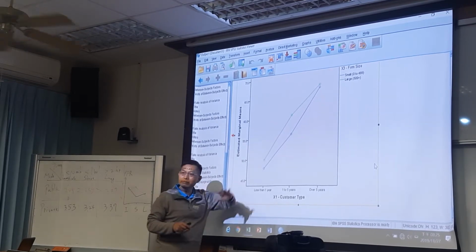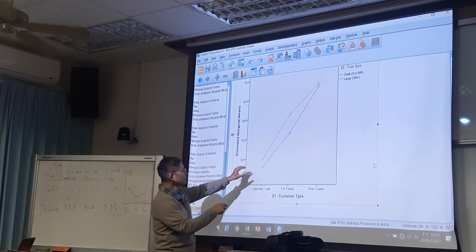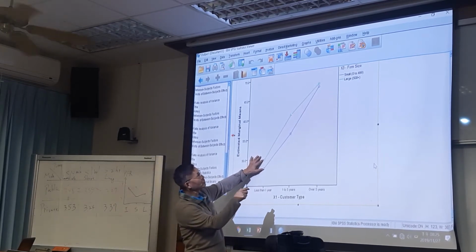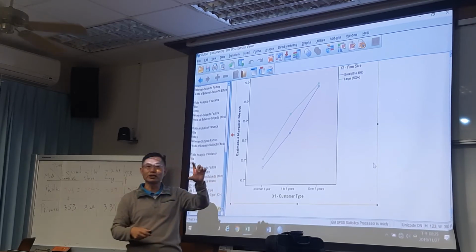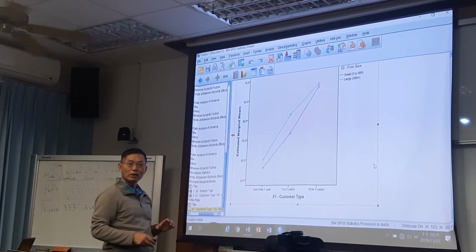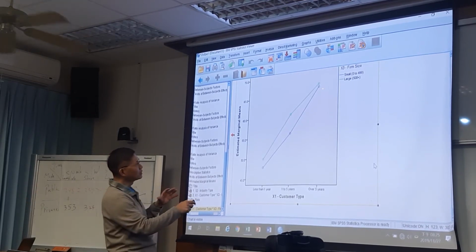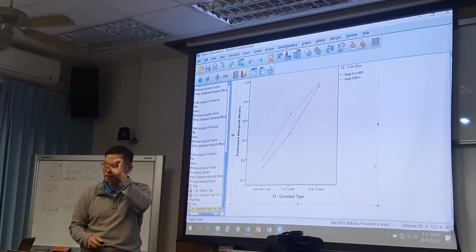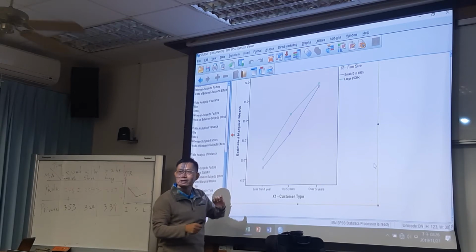But when they become 1 to 5 years customers, the difference between large company and small company becomes much bigger. You can see, so that's the interaction. However, when they become over 5 years customers, the difference between small company and big company is the smallest compared with this one. So that's the interaction.